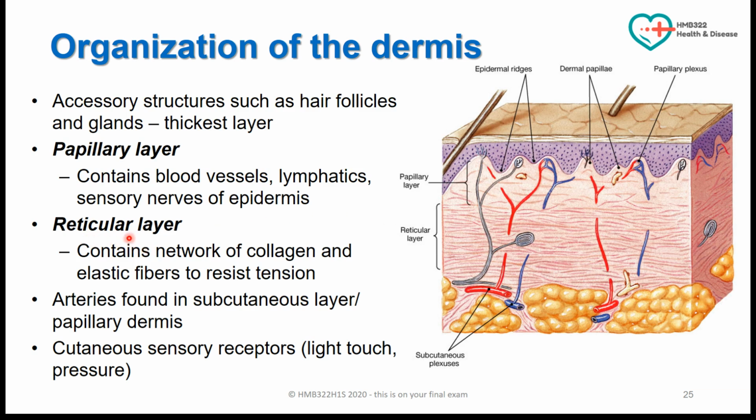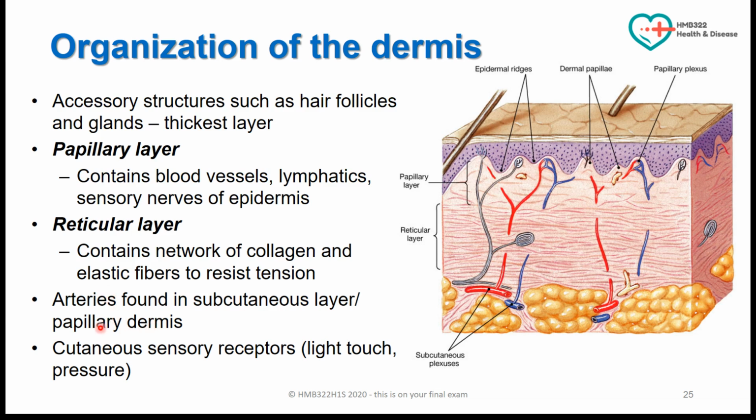Underneath this, we have the reticular layer, and this is a network, and reticular just means a network or a mesh. And this is a network of collagen as well as elastic fibers. It gives you your skin's ability to bounce back. So when you press down, if it doesn't bounce back, it's a problem with the reticular layer.